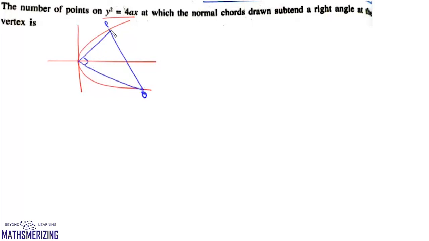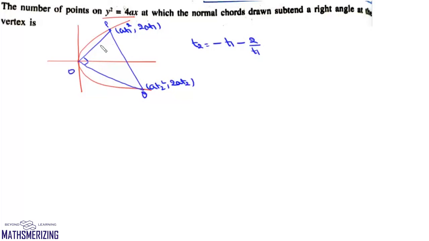So we need to find the number of such points on this parabola. Let this point be (a t1 square, 2a t1), and this point Q be (a t2 square, 2a t2). Now we know that if it is a normal chord, then t2 is minus t1 minus 2 upon t1.